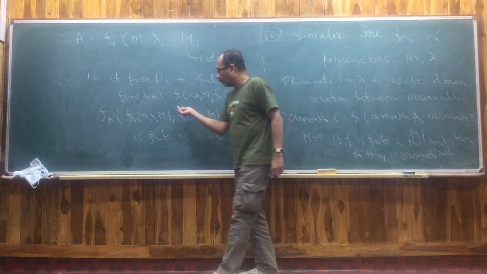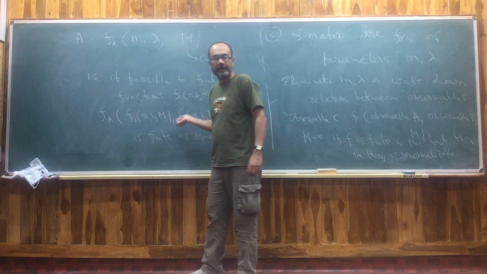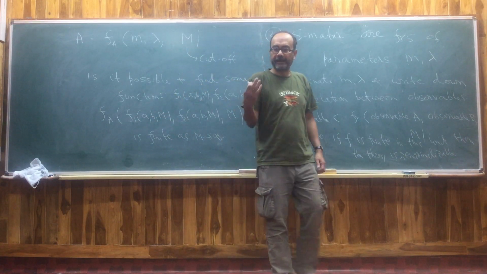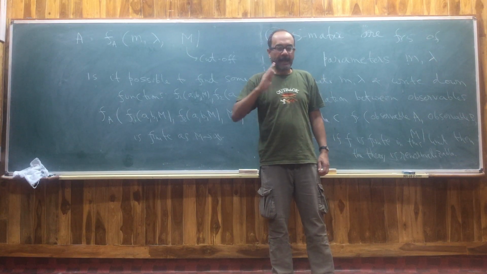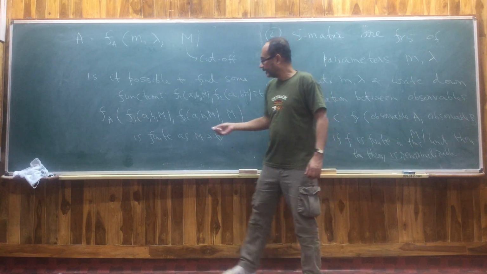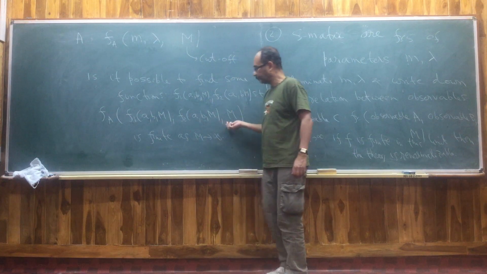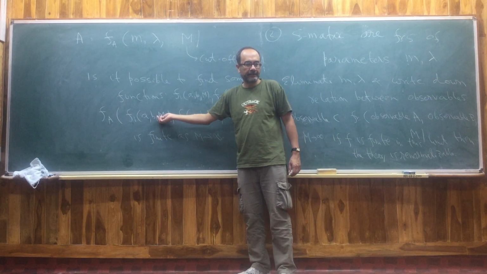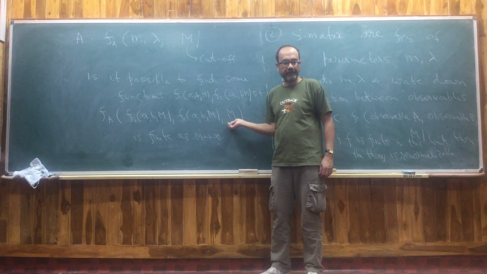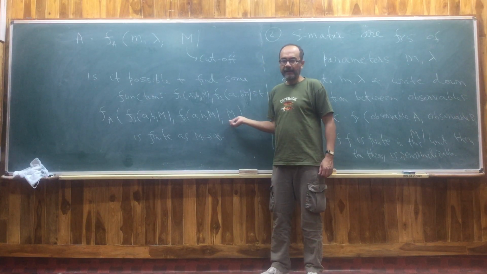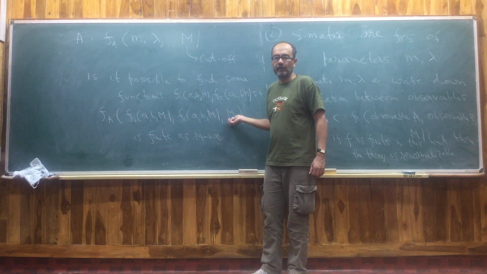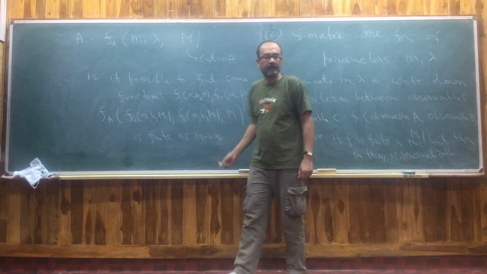We have not said what f1 and f2 are, right? So we'll try to choose f1 and f2 in such a way that as capital M goes to infinity, these functions go to infinity, but the S matrix element remains finite as capital M goes to infinity. Do f1 and f2 also go to infinity?